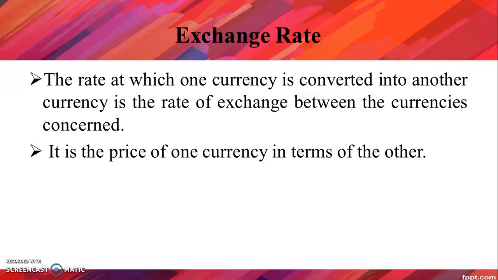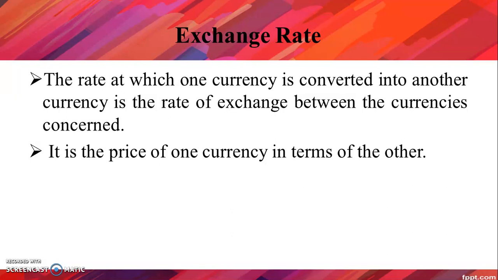It is the price paid in the home currency for a unit of foreign currency. It is the price at which one national currency can be converted into another nation's currency. Shortly, we can say that exchange rate is the rate at which one currency is converted into another currency.